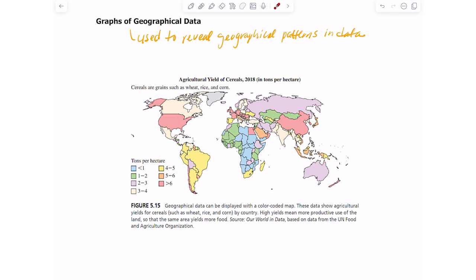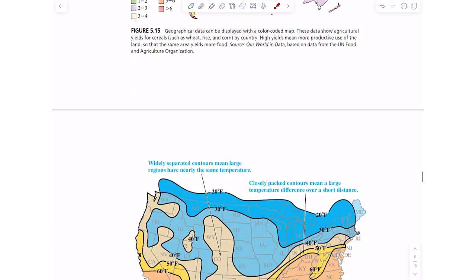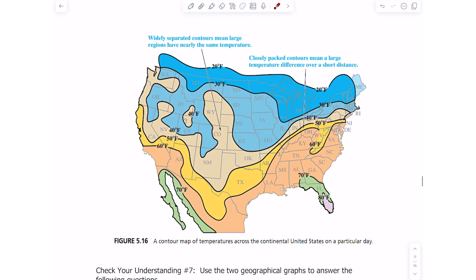Okay. And then here you have another type of geographical representation. And here this is temperature. So here you can see widely separated contours mean large regions have nearly the same temperature.